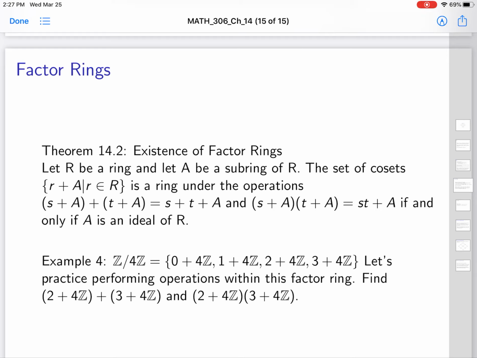Now this brings us into factor rings. Theorem 14.2, the existence of factor rings.